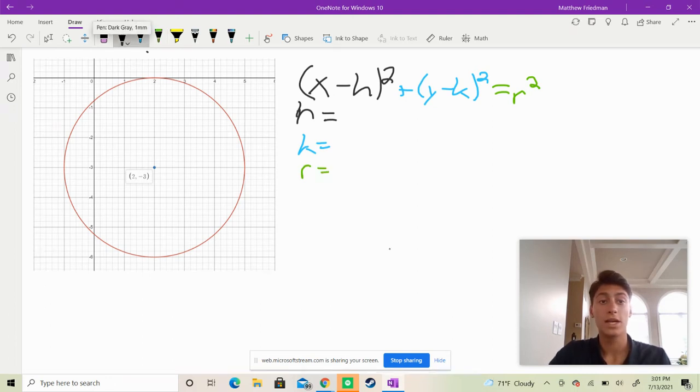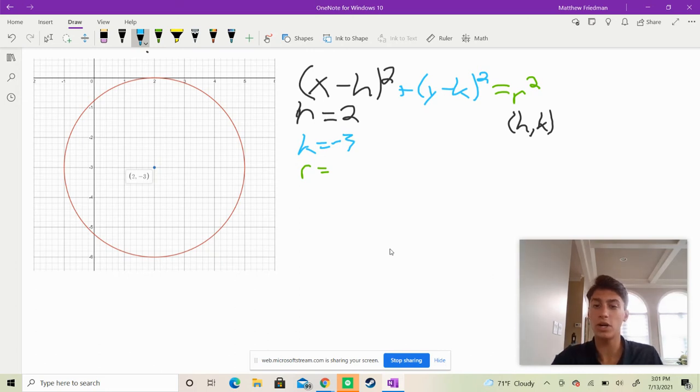The center of a circle in this equation is h comma k, meaning h is the x-coordinate of the center and k is the y-coordinate. The center of this circle to the left is 2, -3. So that means that h is 2 and k is -3.